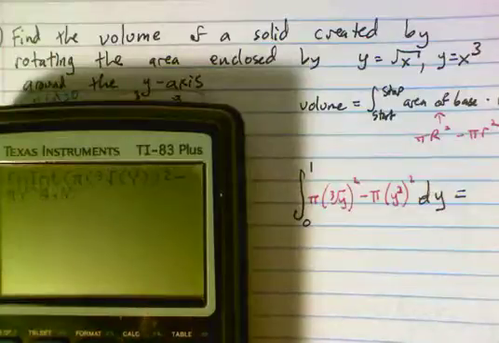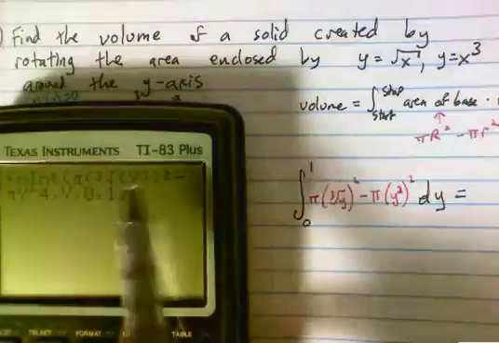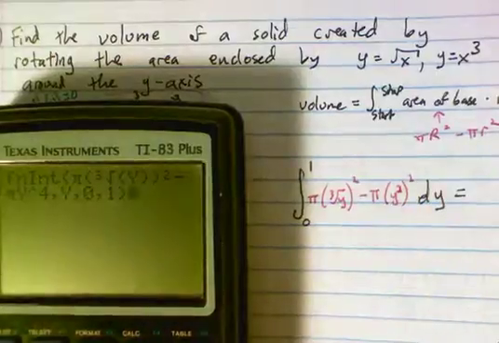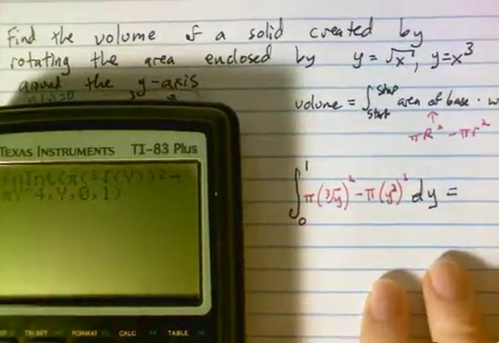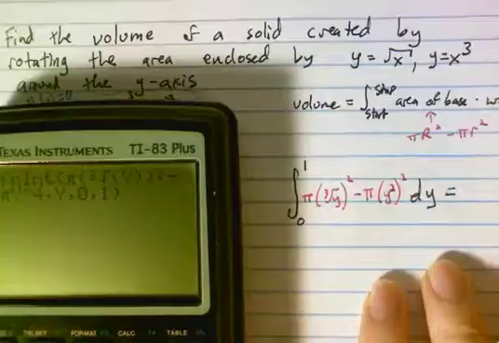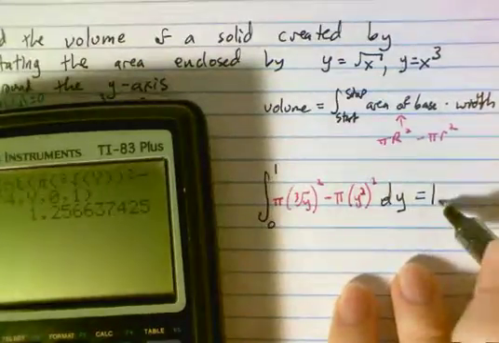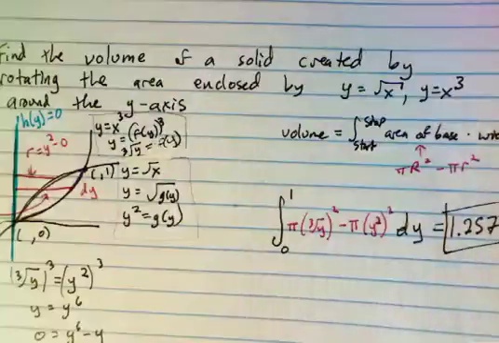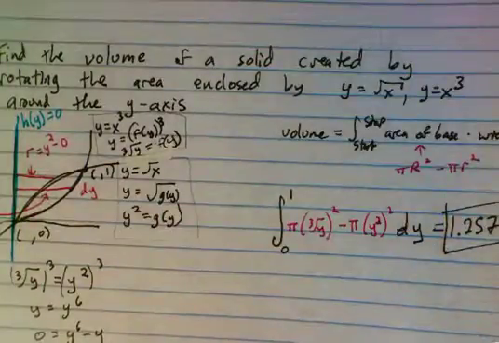Our variable is y, going from 0 to 1. Make sure I have my parentheses right. Yes, cubed squared. Should be good. .257. Okay, so that's pretty much the idea of it.